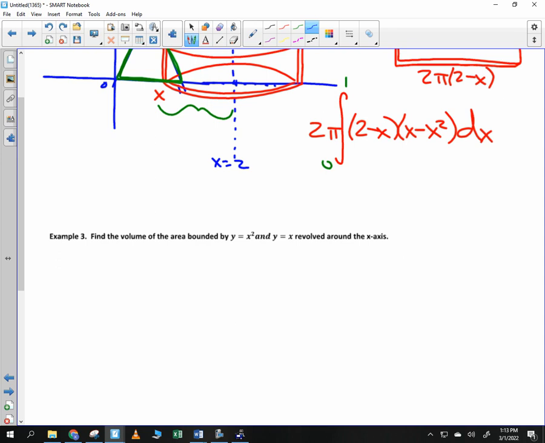Now it's just some algebra. 2 pi times the integral from 0 to 1. When we multiply that out, what am I going to get? I got 2x, a negative x squared and a negative x squared. Negative 2x squared and negative x squared make negative 3x squared. Then a negative x times a negative x squared gives plus x cubed dx.